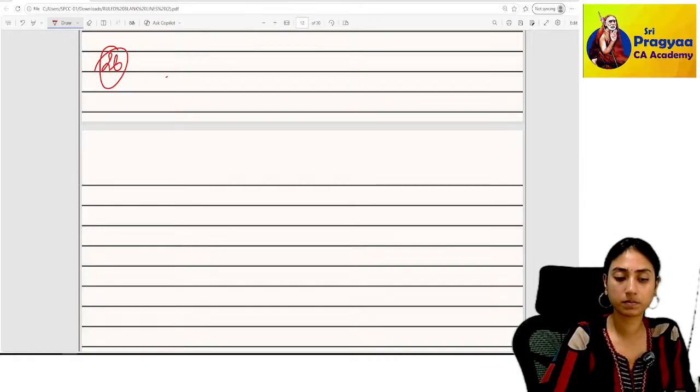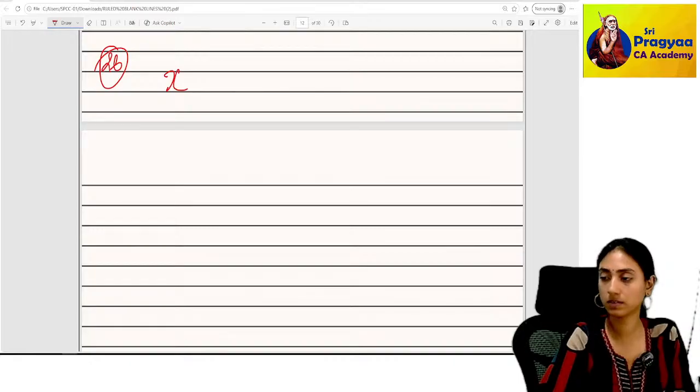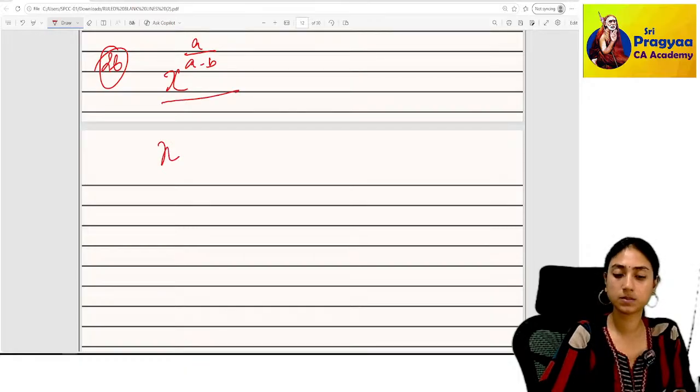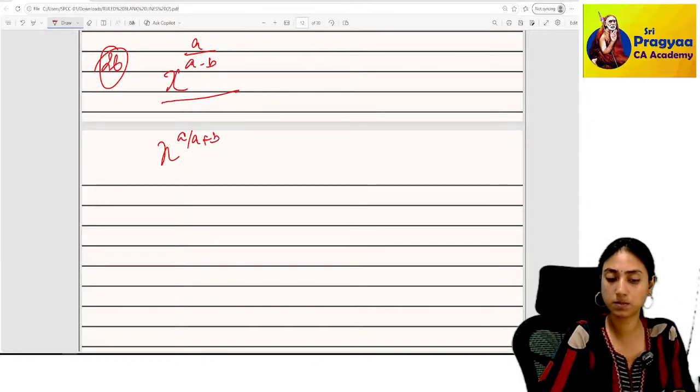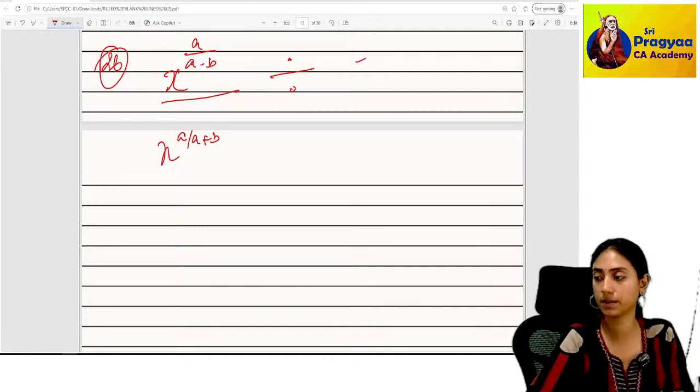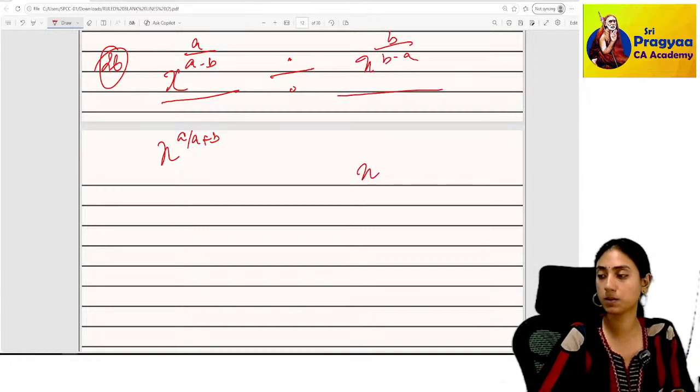Okay, va? X bar divided by x power a by a plus b. This whole term is divided by x bar b minus a divided by x bar b divided by b plus a.